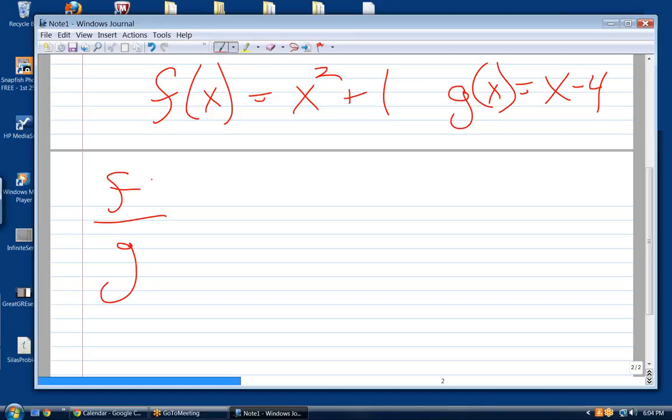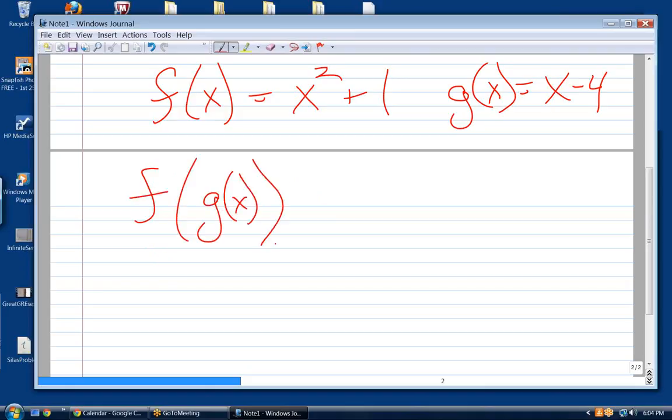So they want to know what f of x divided by g of x is, and then what f of 1 is. Probably it's f of g of x that you're looking for.